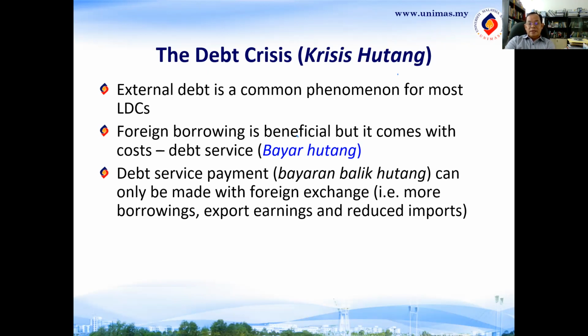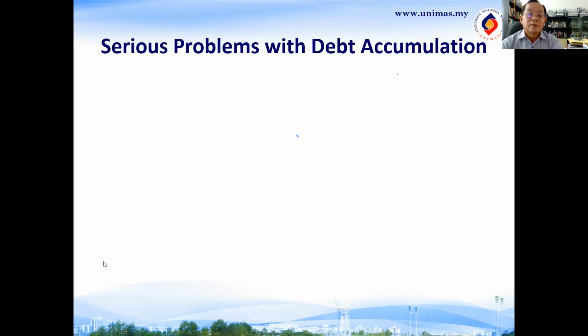That means more borrowings, because if you don't have enough savings, you have to borrow more money in order to pay for the debt, or with export earnings, the earnings that come from exports, to pay the debt, or by reducing imports.